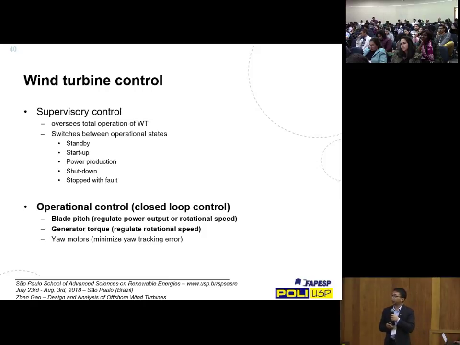So typically for low wind speed, you do generator torque control. So if the wind speed increases, you increase the rotation speed to have the maximum power output. And if you have wind speed larger than the rated value, then you try to pitch the blade into the wind to reduce the loads but regulate the power.